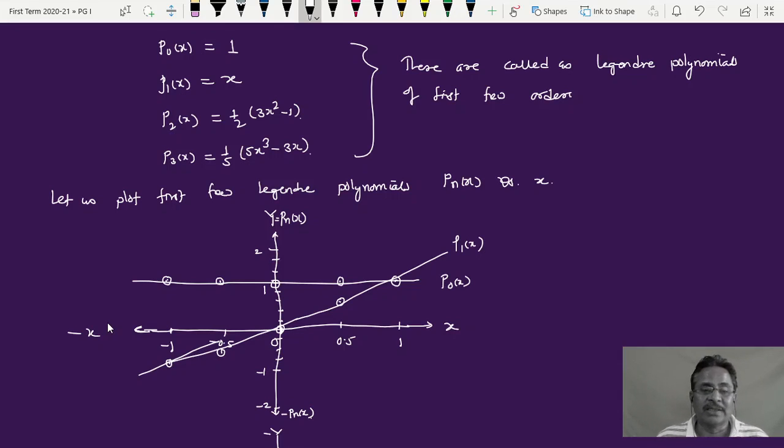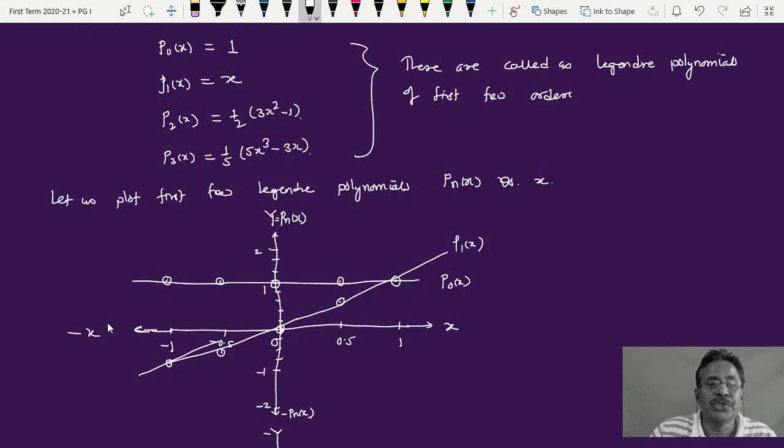So the value of x is the value of P1 of x, and therefore in the positive half, this particular P1 of x is positive, increasing in such a manner, whereas in the negative half P1 of x takes negative values because x itself takes negative values, and therefore we get a line continuous to that, but it is in the negative quadrant. Okay, so this is my second Legendre polynomial P1 of x. P0 of x is 1, P1 of x is simply equal to x, and now similarly for P2 of x.